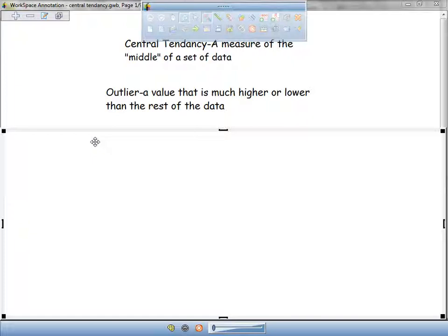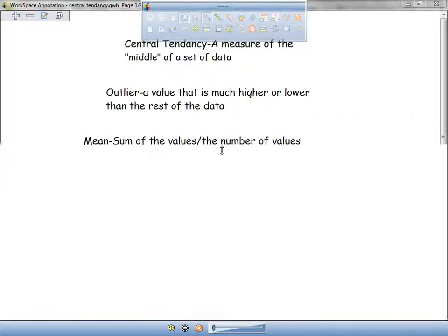Or someone really tall in a group of people, or someone running way faster than everybody else. Or in housing, if all the houses in your area cost about $300,000, and then one house costs $10 million because they built a super huge mansion on the hill, that's an outlier. It throws off your data, and a lot of times you throw that outlier away when you're computing the average.